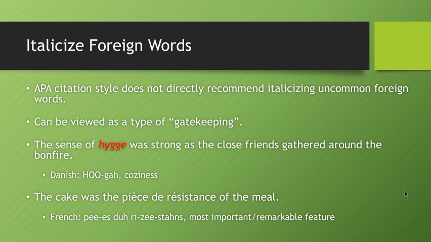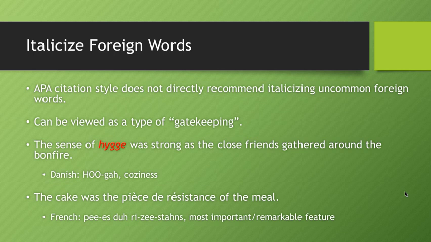And if you're following the rule, you would italicize that because most people in the US have not heard of this word. And so you would be calling out that it's not in our dictionary and it's not well known. An example where we're using a less common French phrase that would not be italicized because it is in our dictionary is pièce de résistance, which you can pronounce with a French accent or not.